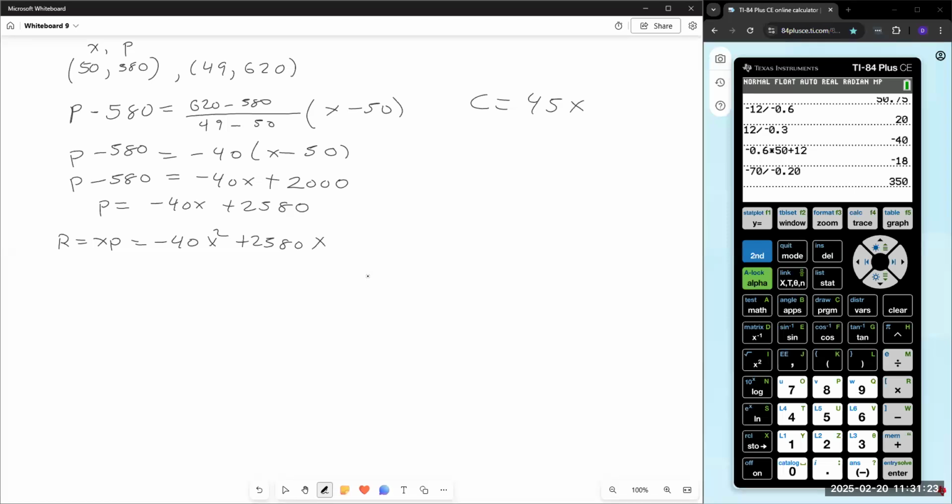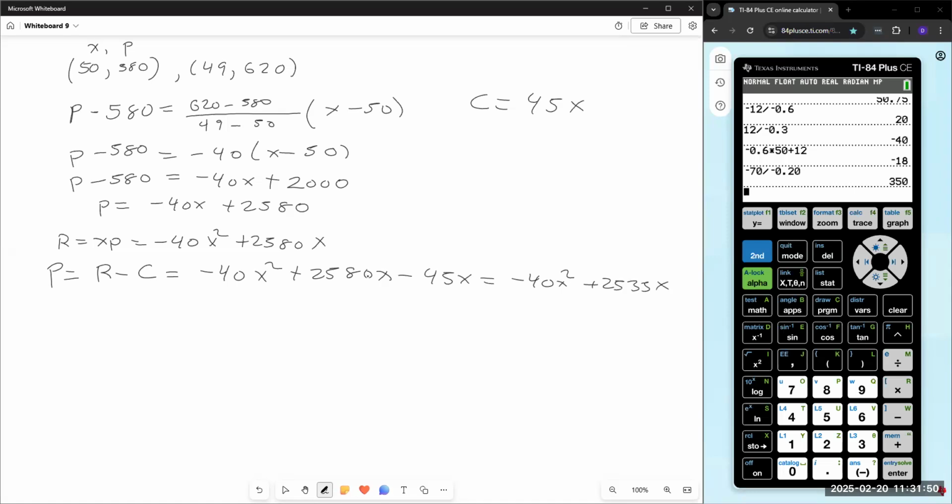So the profit function is going to be R minus C, which is negative 40x squared plus 2580x minus 45x, which is negative 40x squared plus 2535x.